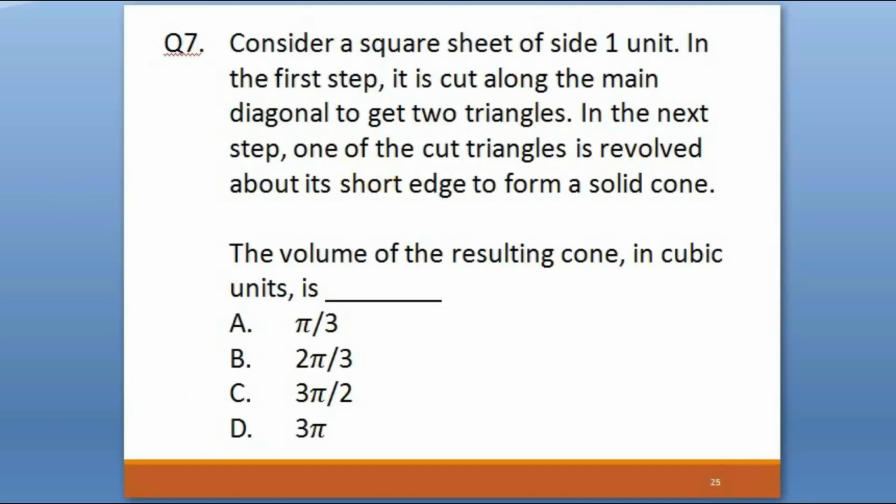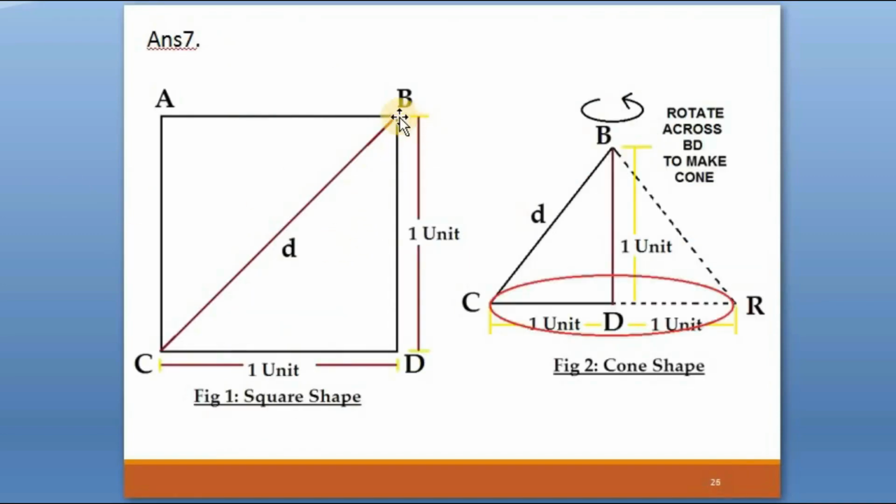So see here, square sheet is given. Let that shape be ABCD, right? What he is saying is, along the diagonal we have cut that sheet, and each side is given as 1 unit. So after cutting from the diagonal, what do we get? BCD. So BCD, a triangular shape, we will get from that sheet, where BD is 1 unit and CD is 1 unit. Now what he is asking is that along the short edge we are revolving this shape, right?